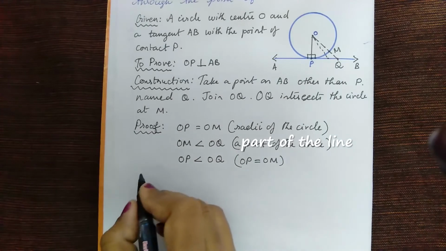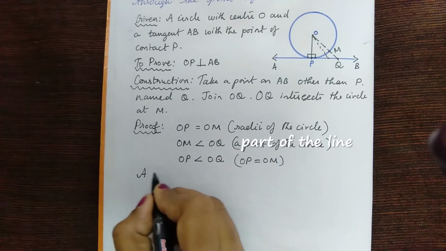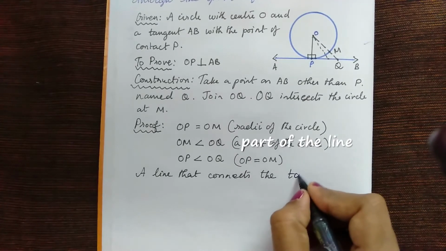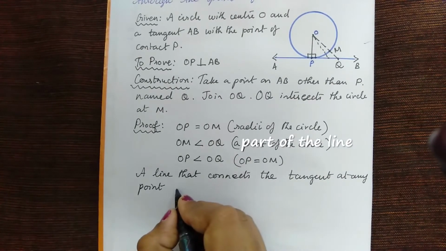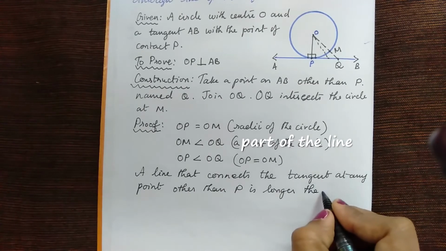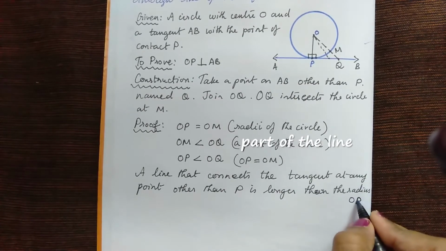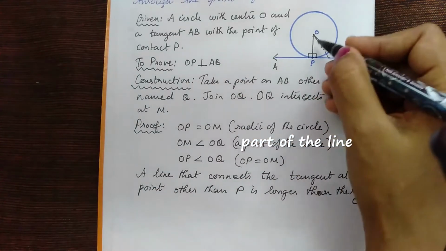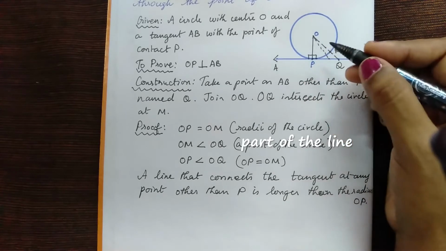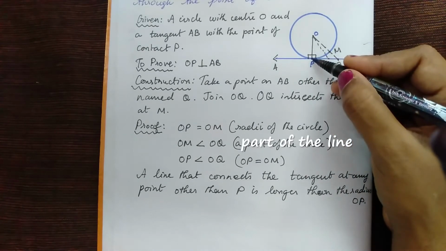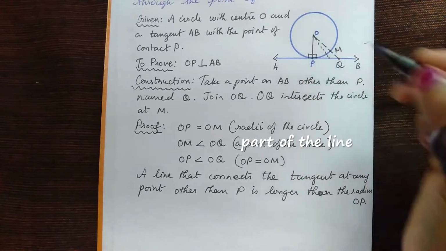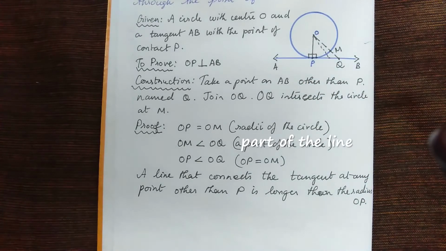So let's write here: a line that connects the tangent at any point other than P is longer than the radius OP. Got it? You may draw any number of lines here, but still all the lines are going to be longer than the radius because the radius can meet the tangent only at one point and that is P. So all other points are going to be longer than the radius.